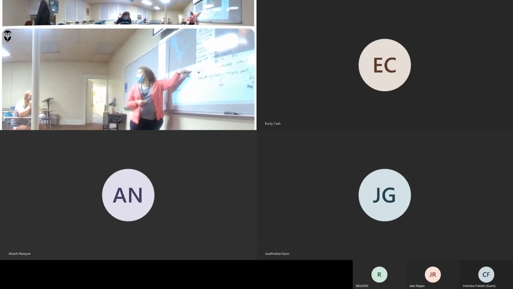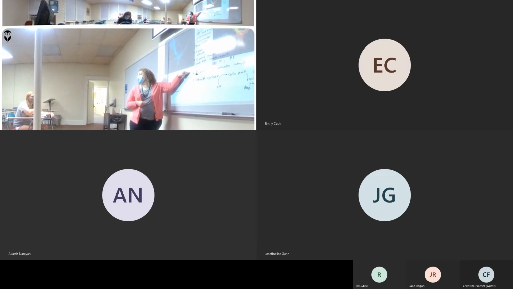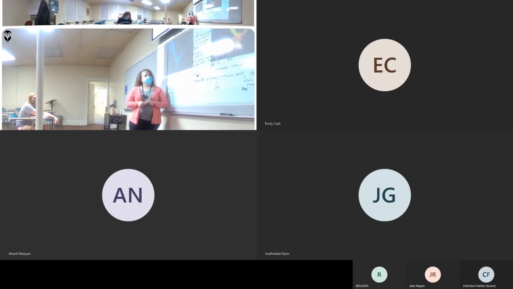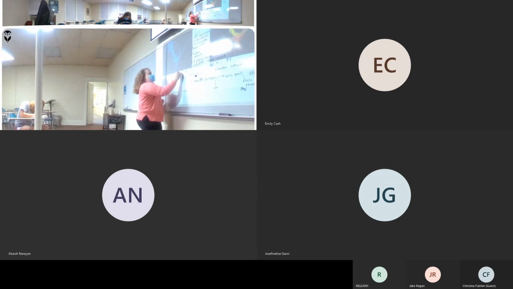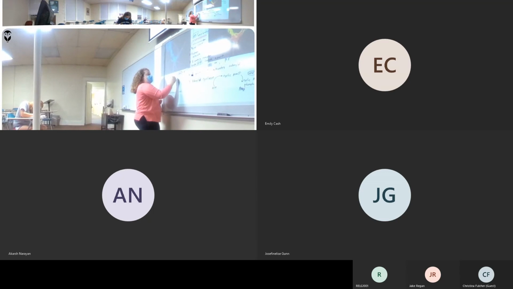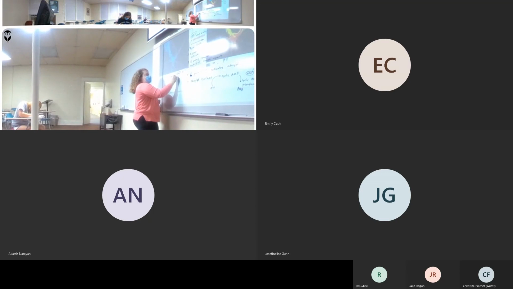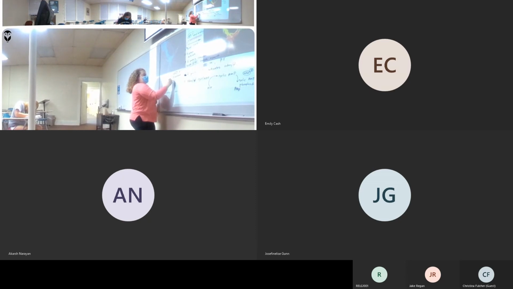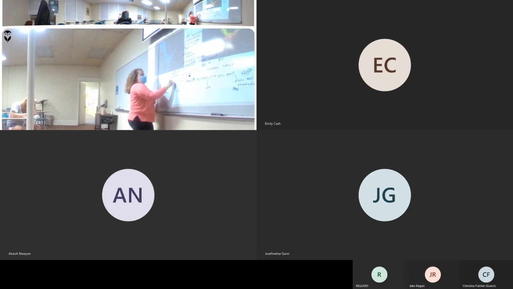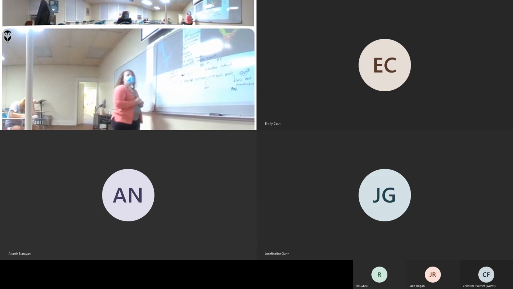What causes G protein alpha to not be activated anymore? GTP hydrolysis. So the second off switch is GTP hydrolysis. GTP is hydrolyzed into GDP and the phosphate that floats away.